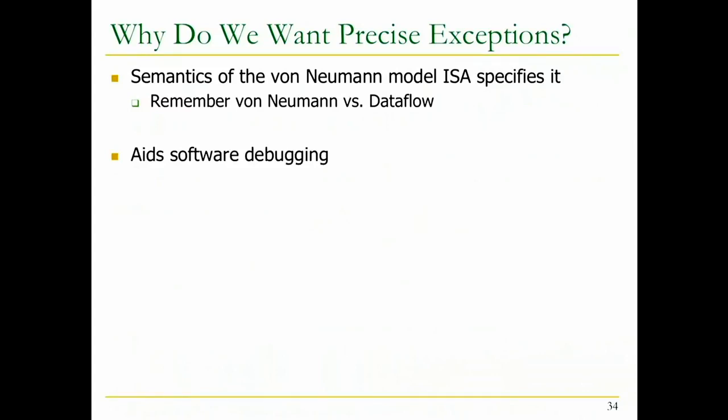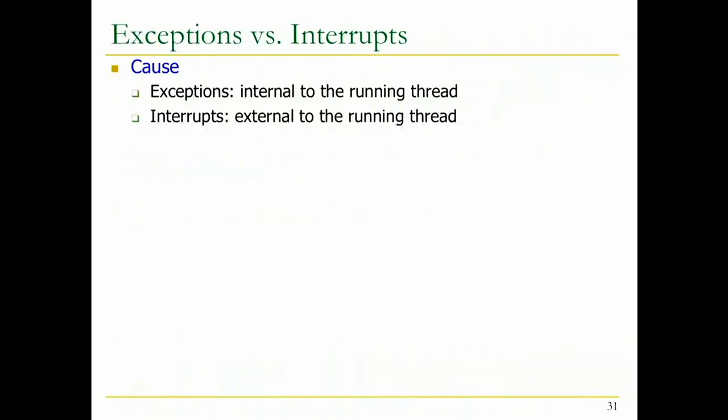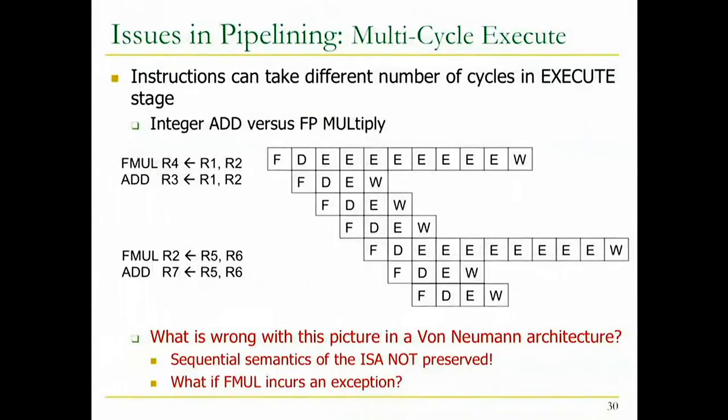As I told you earlier in this example, let's go back to it very quickly. If you have imprecise exceptions, and for some reason you get a fault over here, an exception over here, now you need to debug the program. Where do you even start? Because these instructions may have updated the architectural state, you don't know which instructions have updated and which have not.